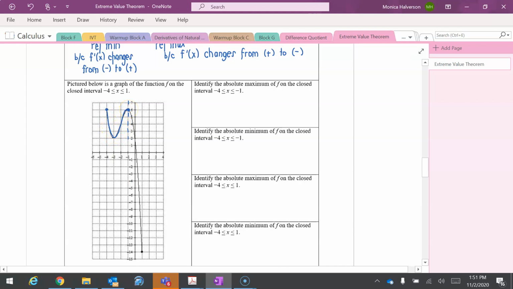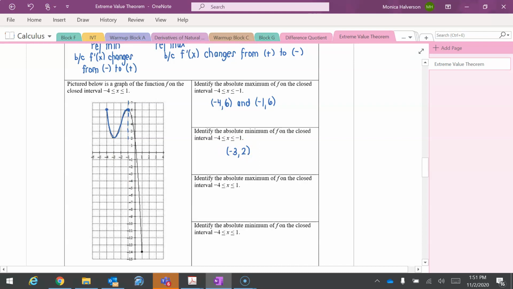So the absolute maximum, well, in this case, it happens twice at (-4, 6) and (-1, 6). So it happens at both endpoints. The absolute minimum in this interval is (-3, 2), which is one of our relative minimums.